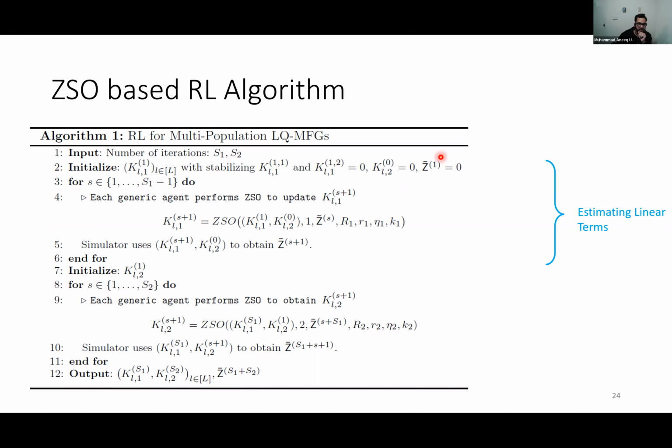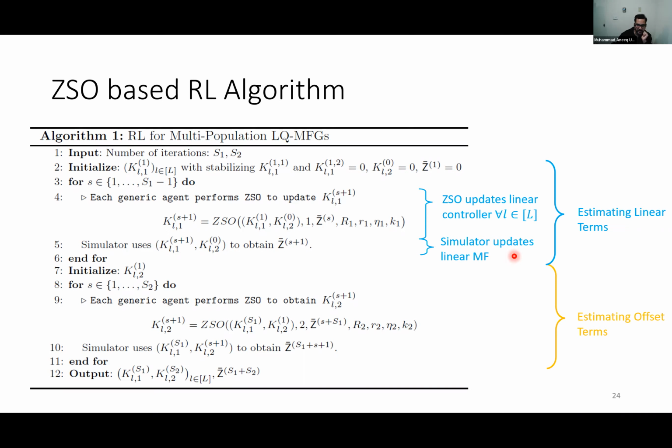And we assume that the initial mean field trajectory is also 0. Now, in each iteration of the first part, the agent updates its linear controller using this ZSO algorithm. And once it has updated the controller, the simulator updates the linear mean field. So that's the first part.